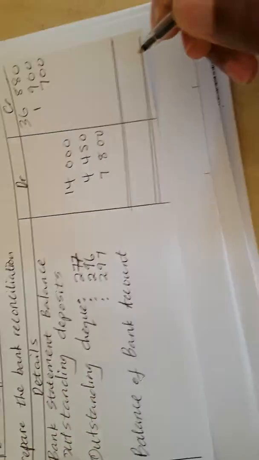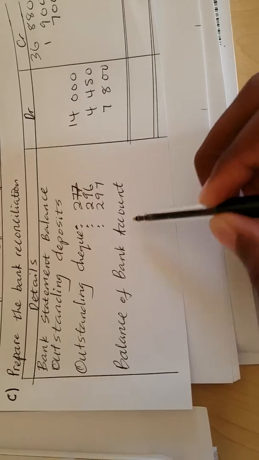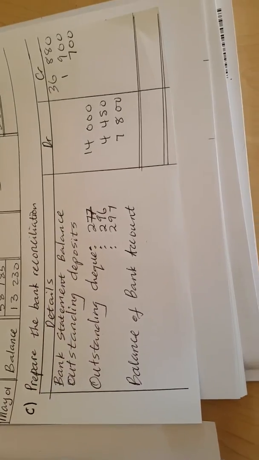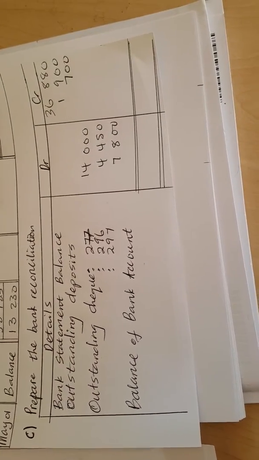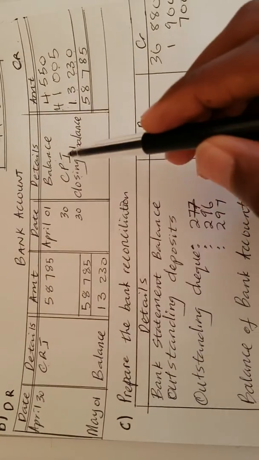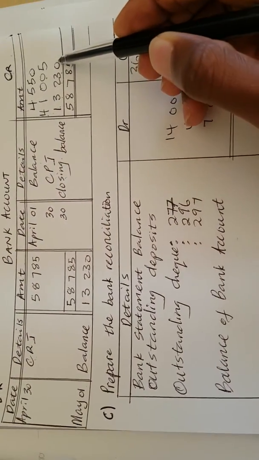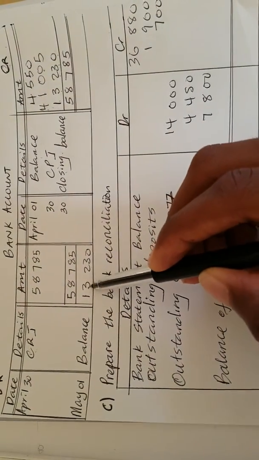Now, one more thing: we are left with the balance of the bank account. The closing balance was 13,230, which was the opening balance for the 1st of May.